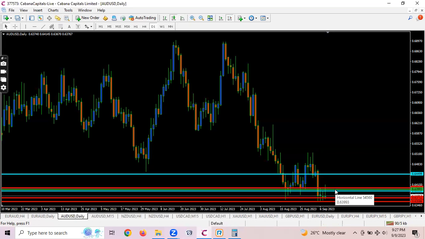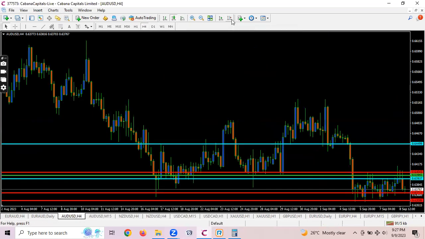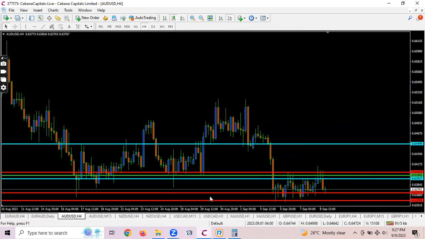Since the daily is in between the resistance and the pivot, you can delete one of the lines. You can see that this daily is not a key level, but this weekly is a key level because this level was a previous support level, so resistance.